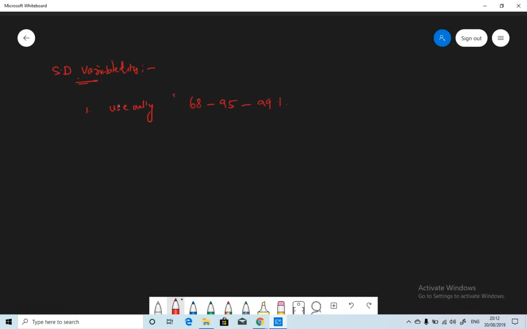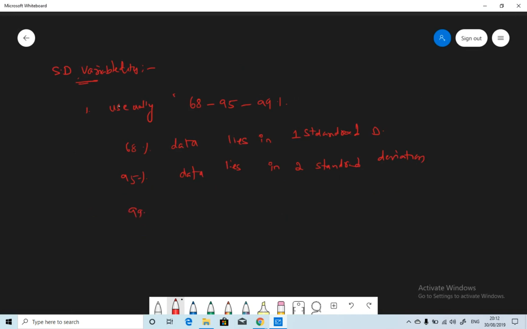This is the empirical rule. 68% of the data in any given thing lies within one standard deviation, and 95% of the data lies within two standard deviations.